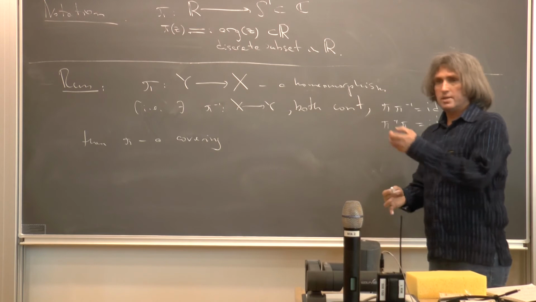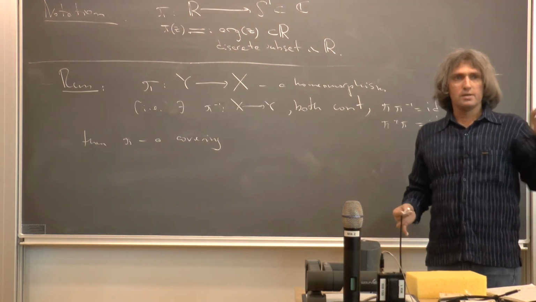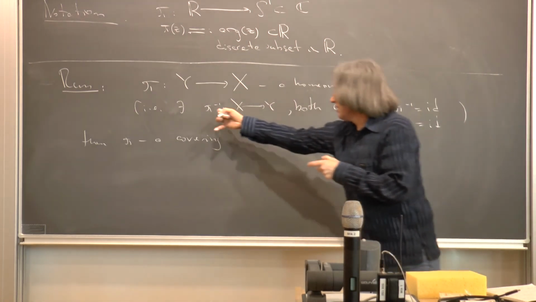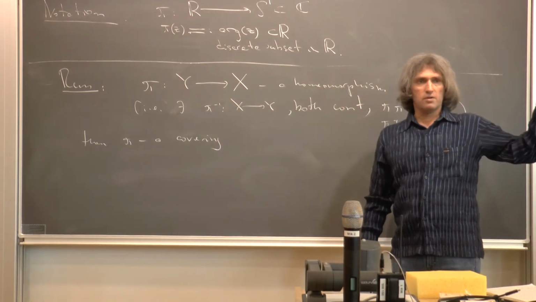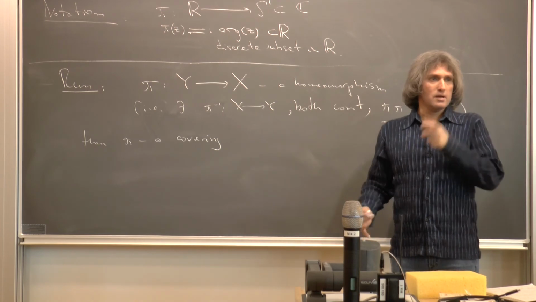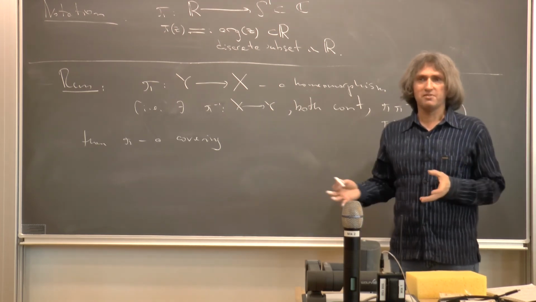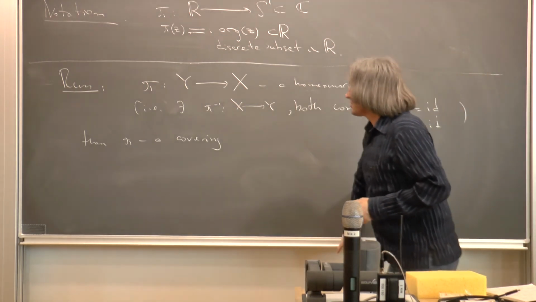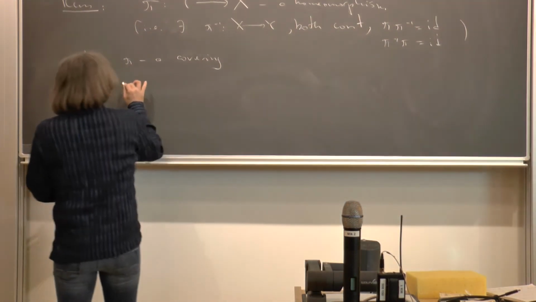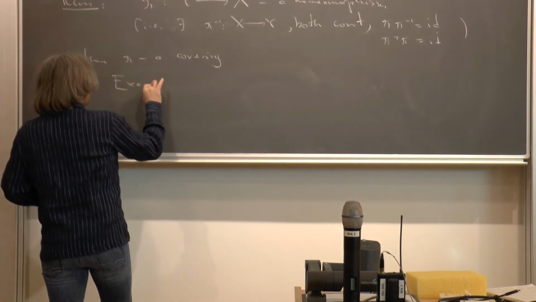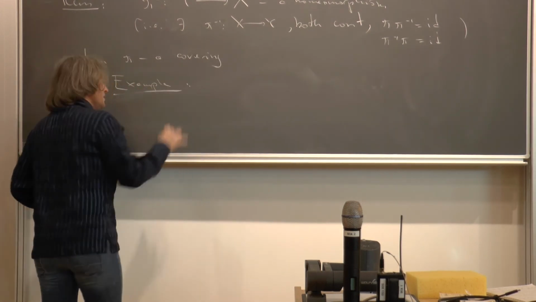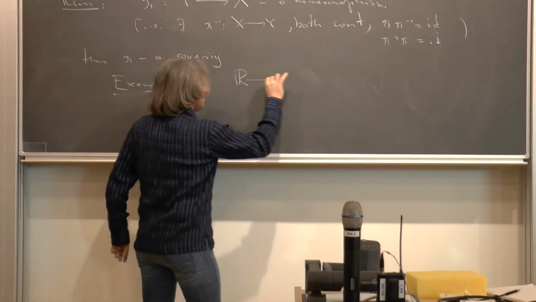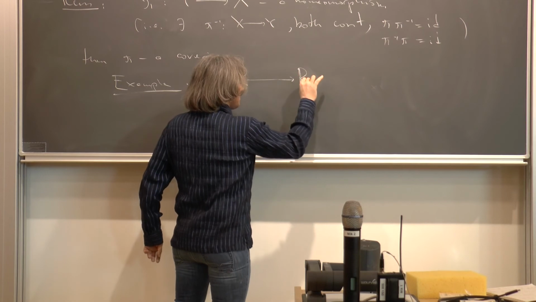That's clear because the preimage consists of just one point, and if we have a neighborhood in X, apply pi inverse and you get a neighborhood of that point in Y. And it's an isomorphism. Isomorphisms definitely keep neighborhoods and so on. So a typical example is like this. Let's consider a map from R to R plus.